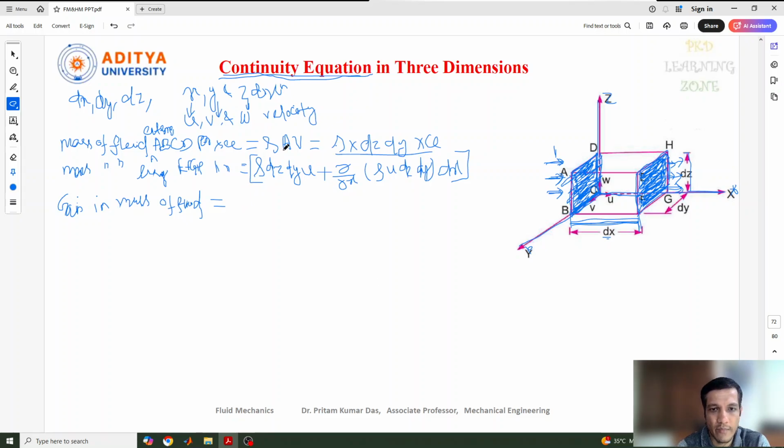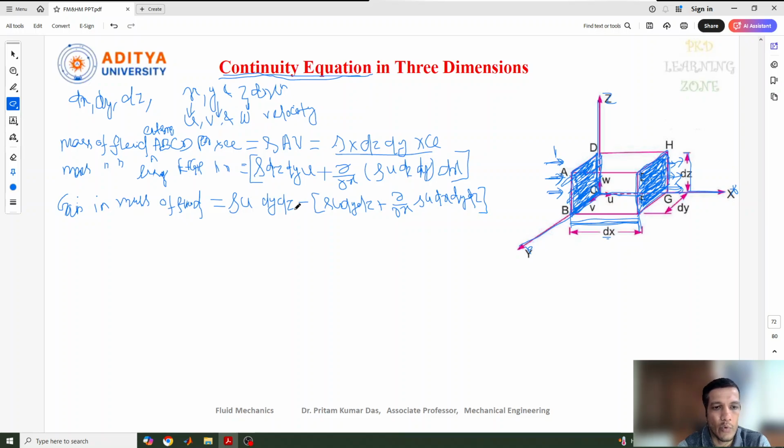So we write the mass flow rate which entered here at the ABCD surface, that is rho u dy dz, minus, bracket start, rho u dy dz plus del by del x of rho u dx dy dz.